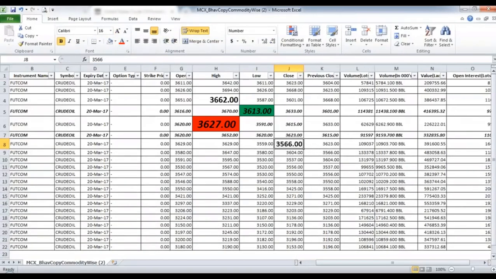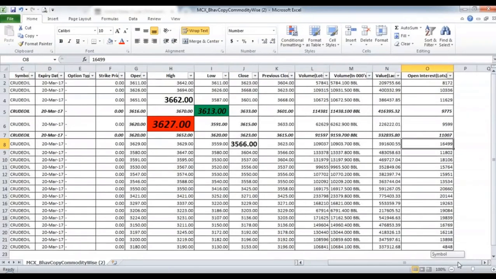Now, if that is the case, is it with more selling? Let's see. Yes, it is. It is with more selling, right? Because the open interest has increased. Now, if it is with more selling, it means it is actually trying to break this support.